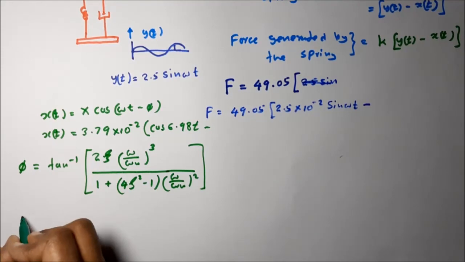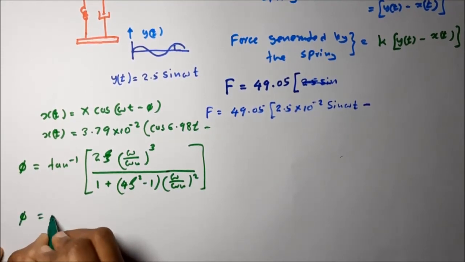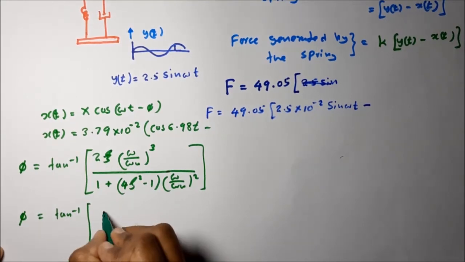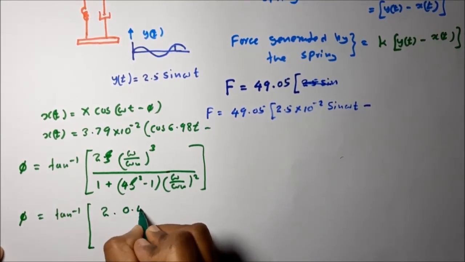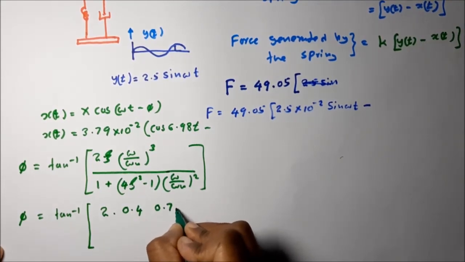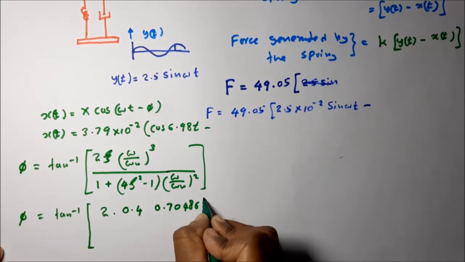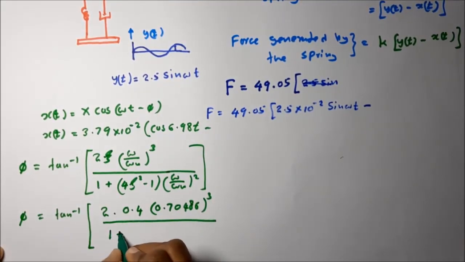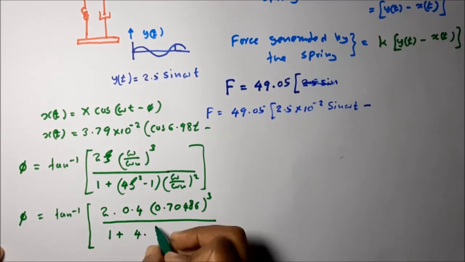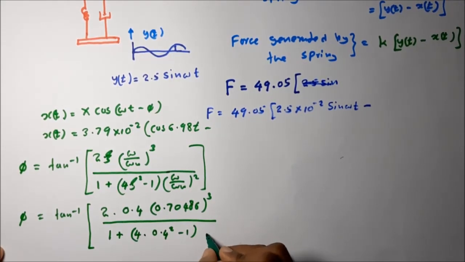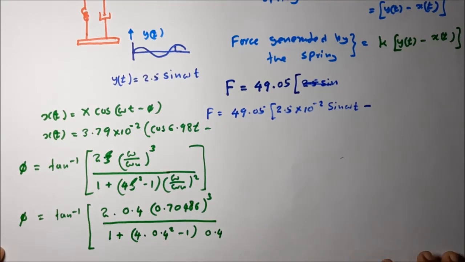So then I am going to substitute the values: 2 zeta, 2 into 0.4, omega over omega n, 0.7, and so on.